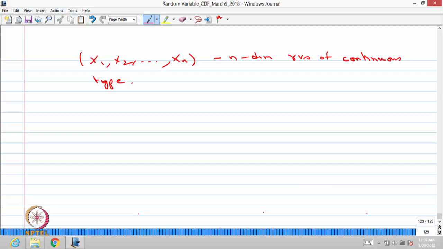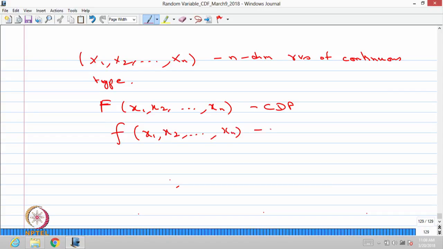That means it has the CDF with the n variables. This is the CDF of the n-dimensional random variable. We have the joint probability density function with the n variables x1, x2 and so on. This is a joint probability density function.